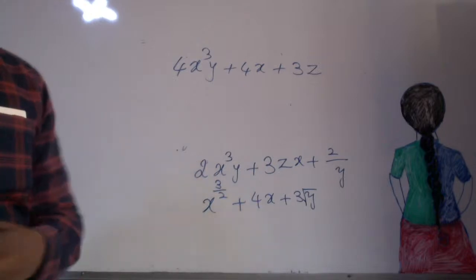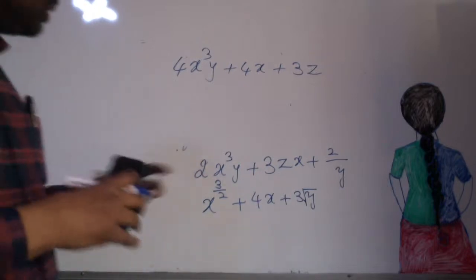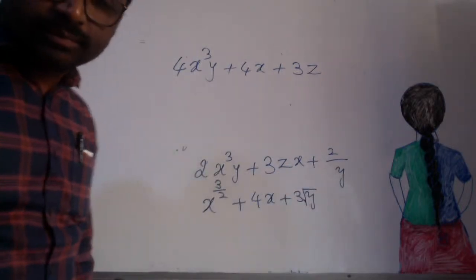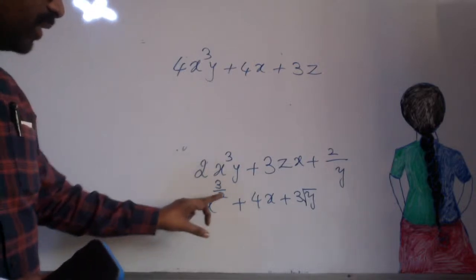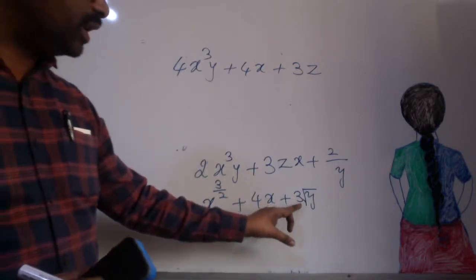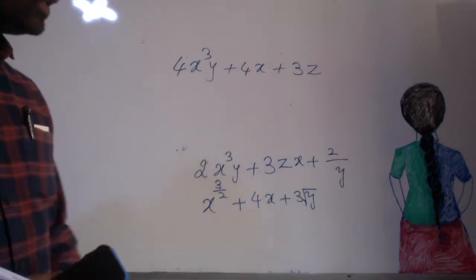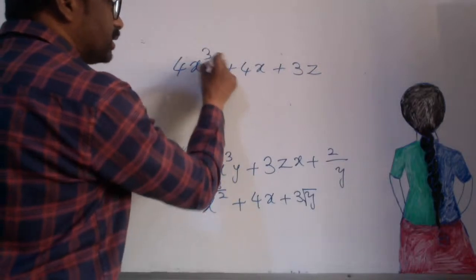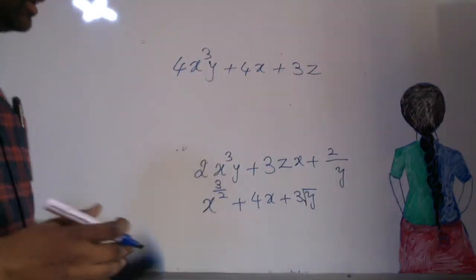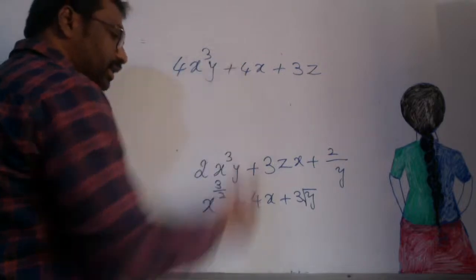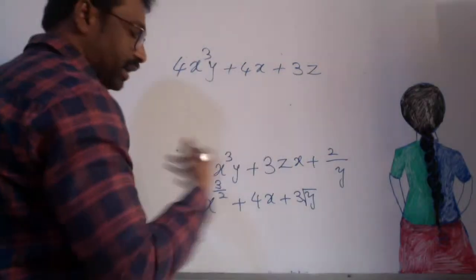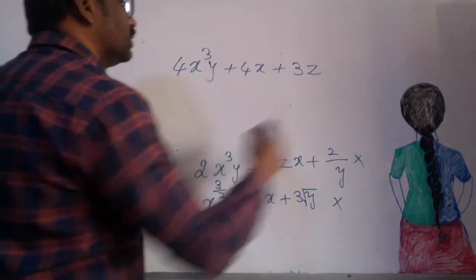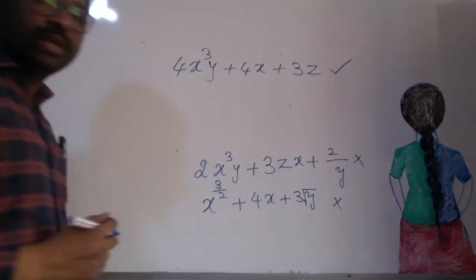The first expression is 2x^3y + 3zx + 2/y. The second one is x^(3/2) + 4x + 3 into cube root of y. And the third one is 4x^3y + 4x + 3z. Among these three algebraic expressions, the first two are not polynomials. The third one is the only polynomial.